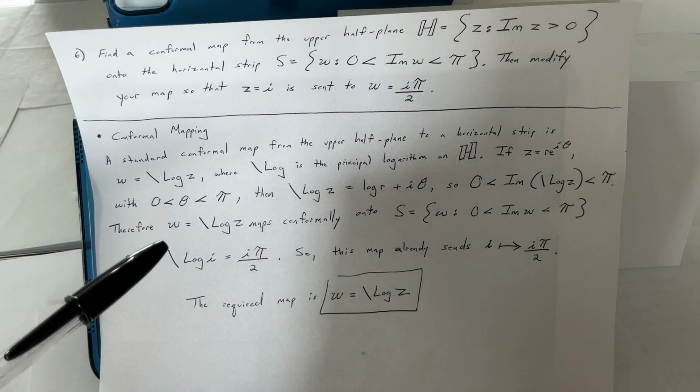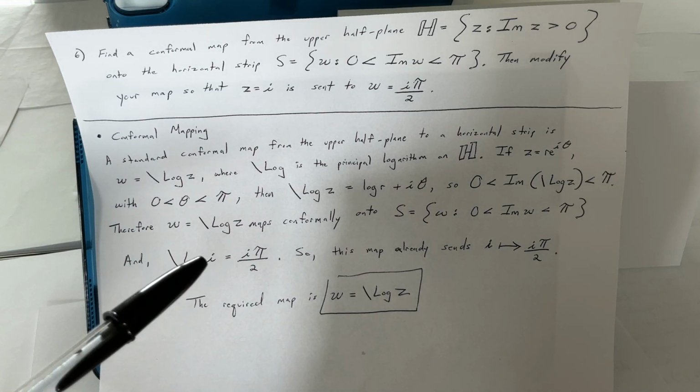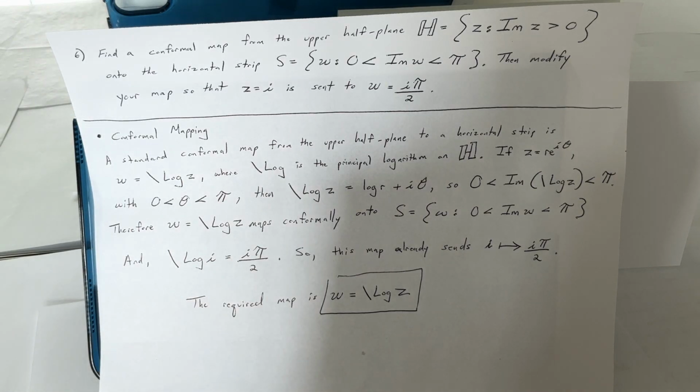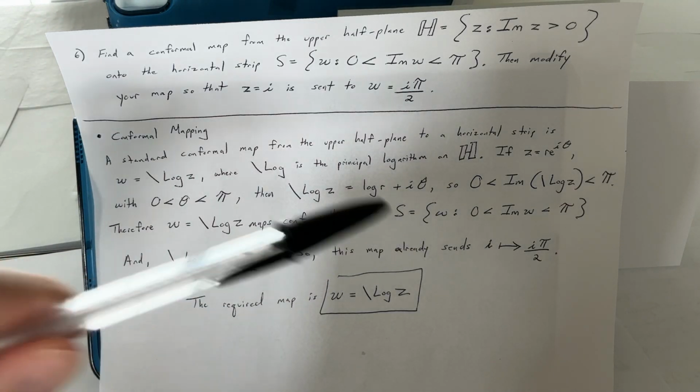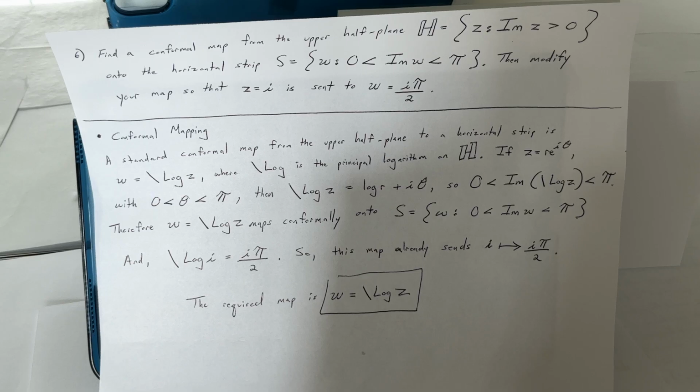And the principal log of i equals i pi over 2, so this map already sends i to i pi over 2. The required map is w equals the principal log of z.